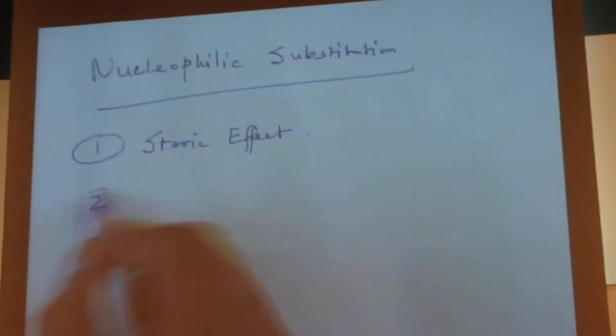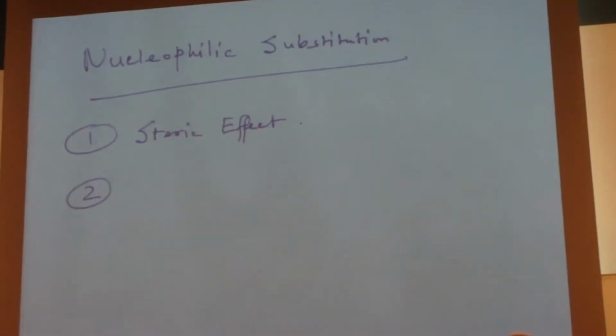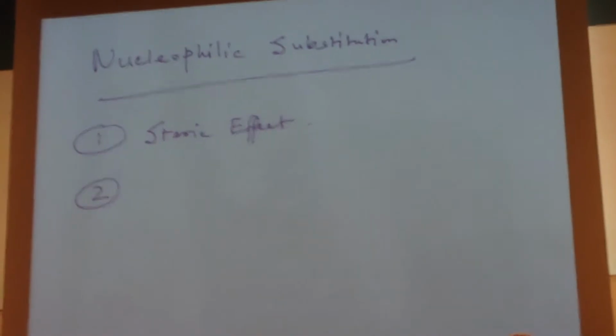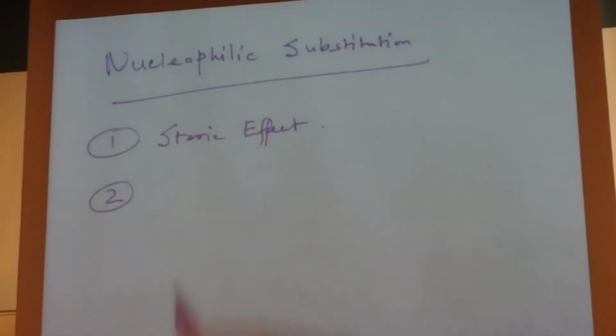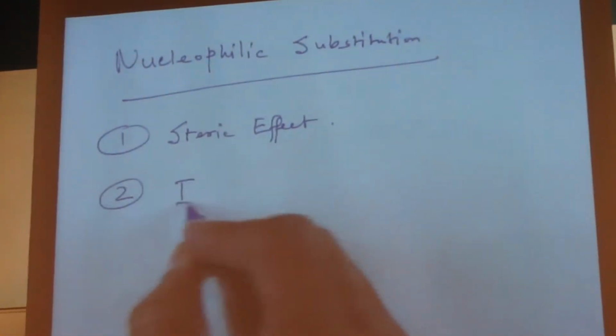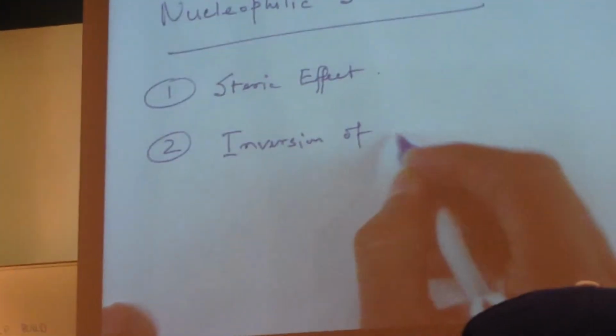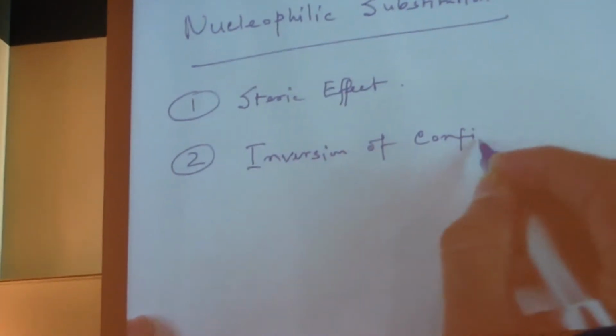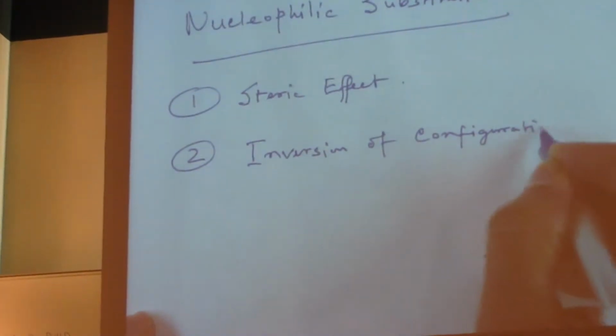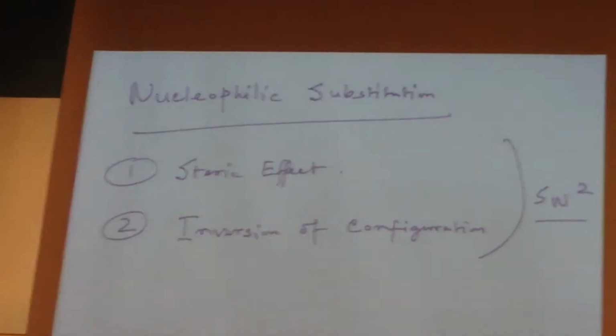The second thing, we also discussed something that is new with respect to now that we can introduce the stereochemistry, is that it undergoes an inversion of configuration with respect to the SN2 reaction.